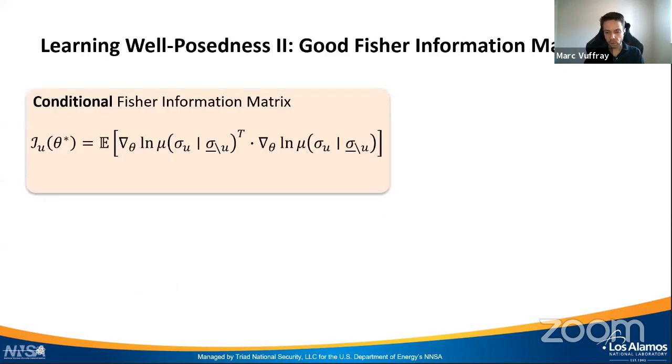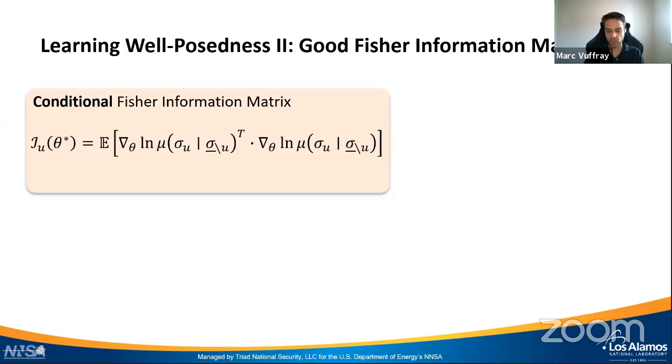The second condition is on the likelihood function. Since we're not looking at maximum likelihood, which is intractable, but want to do something with local information, we want the local conditional likelihood to be non-degenerate at the parameter of the distribution. If you look at the likelihood at the right parameter and make a certain variation around it, it should not be degenerate.